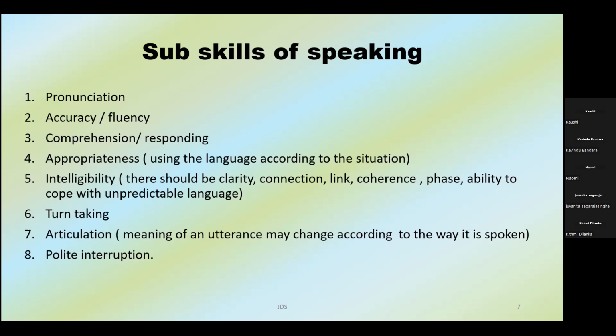So what are the sub-skills? How many sub-skills are there altogether?